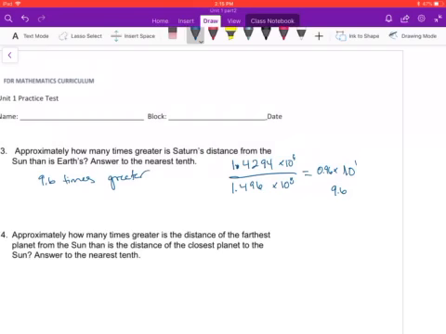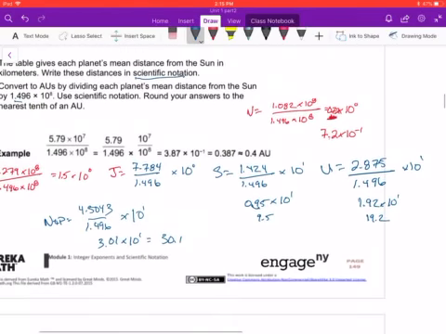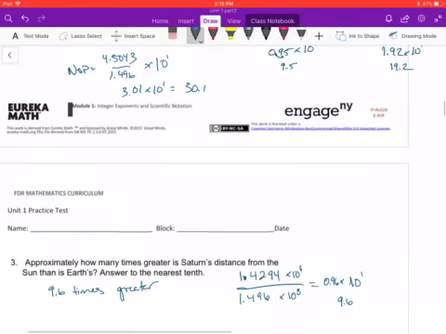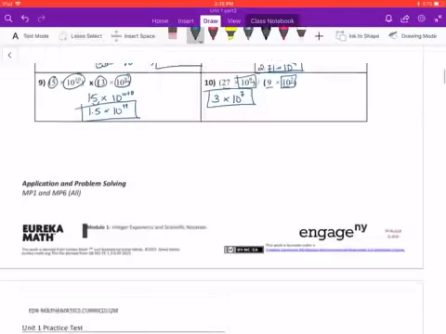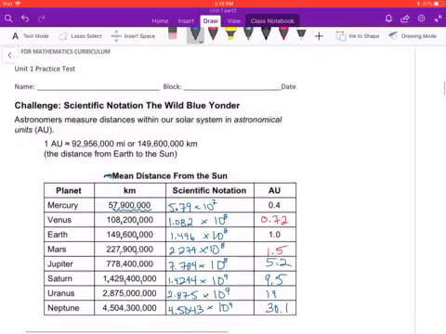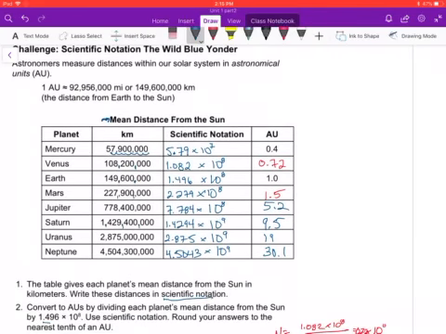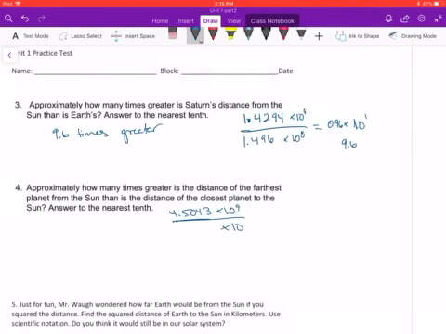Approximately how many times greater is the distance of the farthest planet from the sun than is the distance of the closest? So the farthest planet is Neptune, 4.5043 times 10 to the 9th. The closest planet is, oh, where'd it go? Mercury, 5.79 times 10 to the 7th.